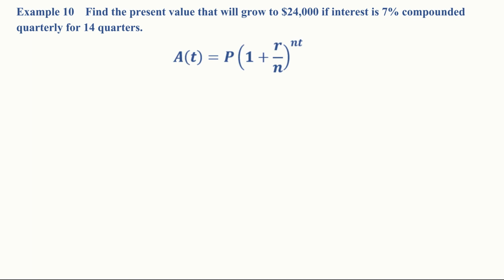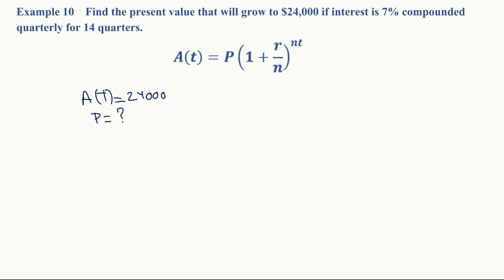So we know that A of t is given. That's 24,000. P is what we're trying to find, so that's our unknown.